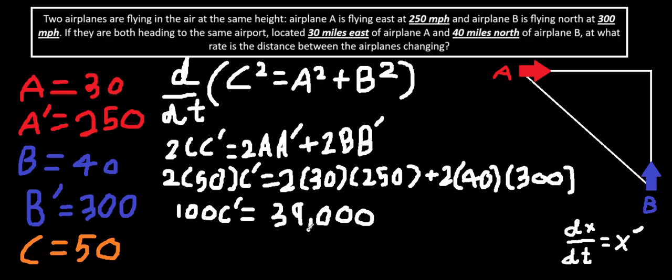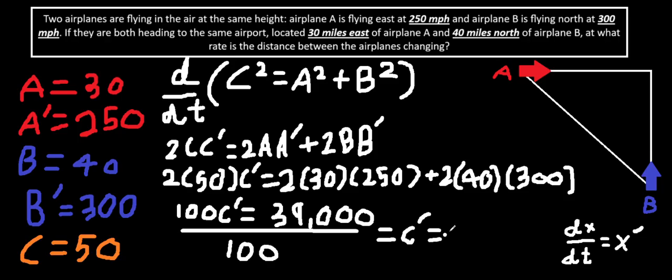Our second to last step is to divide both sides by 100, and we should get C prime equals 390. But we're still not done yet because we just have a number.